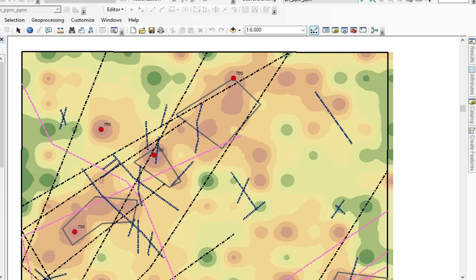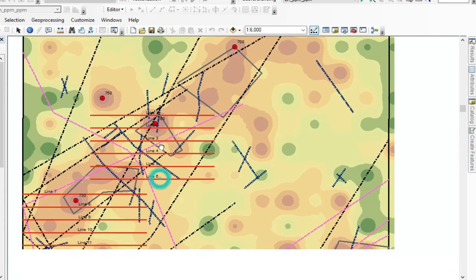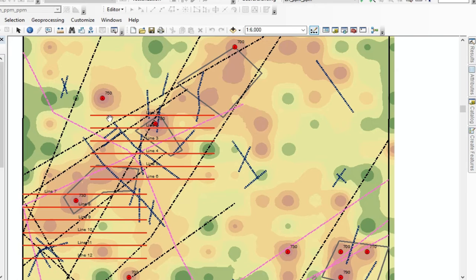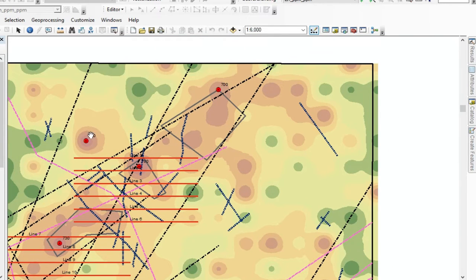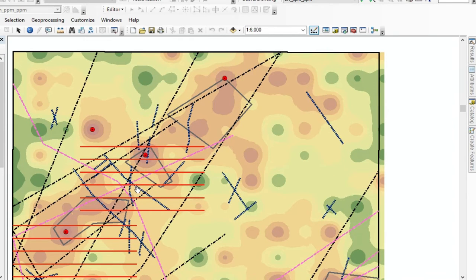What else? Let's lay out the principles of IP here. Your IP profiles are laid out along this location. Some of you can ask questions at the end of the day, but look at what I'm saying here. You don't expect these profiles to cover the entire region. That would have been very, very costly.